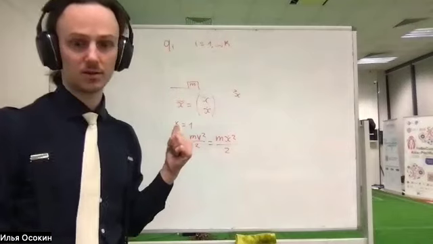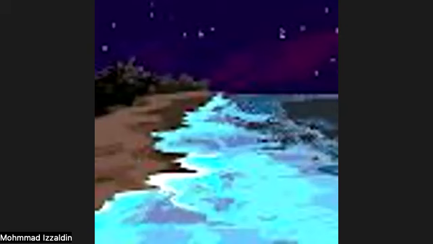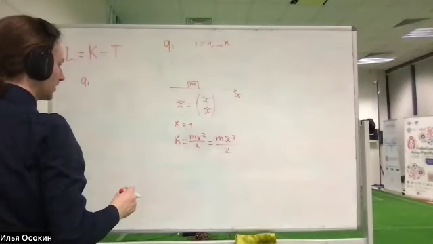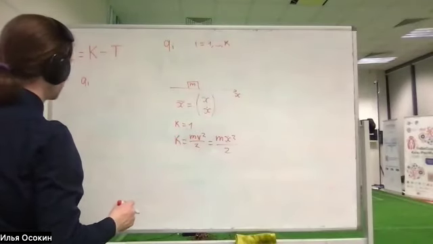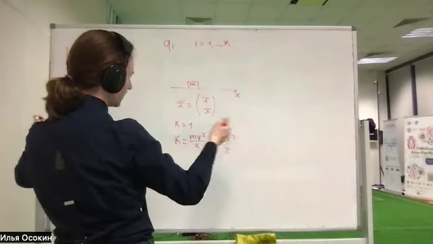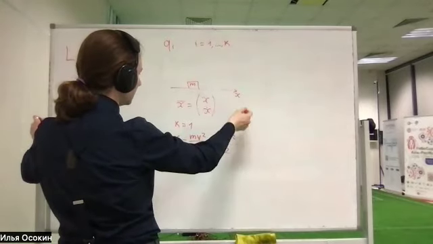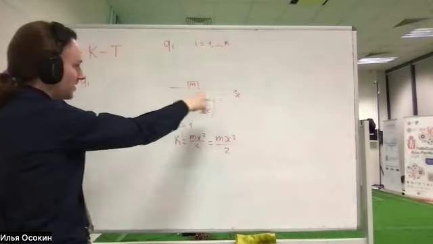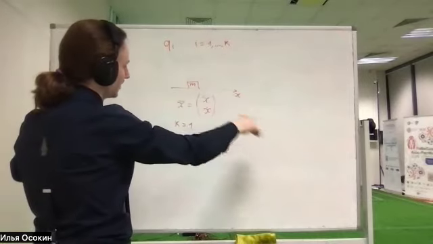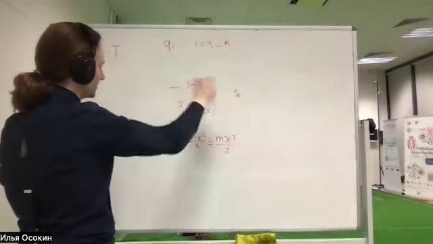Is it fine so far? Is it okay? Great. So this is the kinetic energy. And regarding the potential energy, there is none really, because the potential energy of this thing doesn't depend on x. Anyway, the surface is flat. I mean, the line is flat.